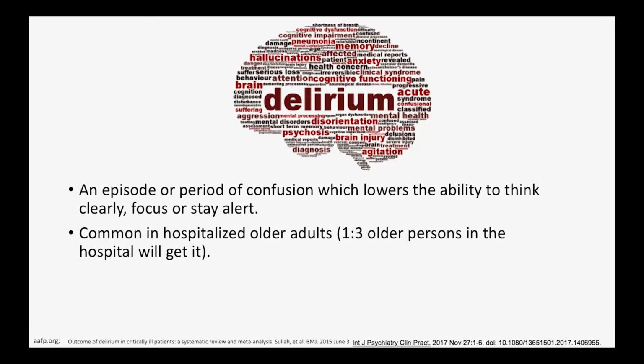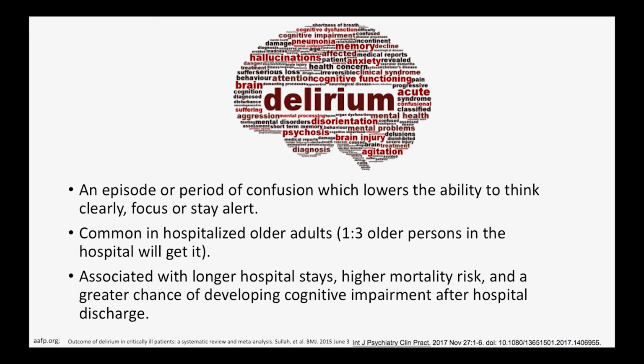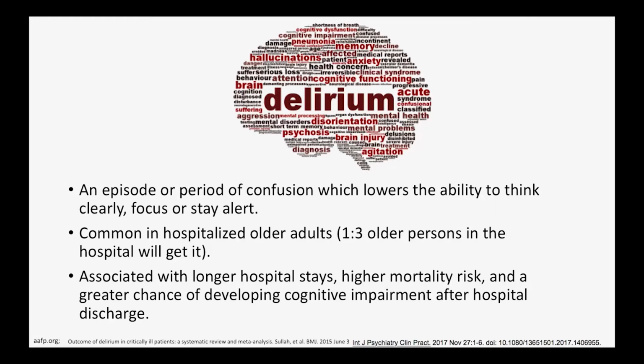Delirium is often upsetting to individuals and families, and it's also associated with worse medical outcomes, specifically longer lengths of stay, higher mortality, and a higher rate of developing cognitive difficulties in the future. There have been a number of studies looking at delirium detection and prevention, and we're still learning how to most effectively address this extremely common problem in the hospital.